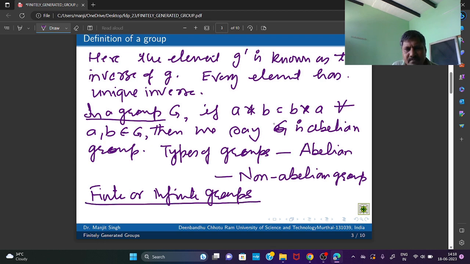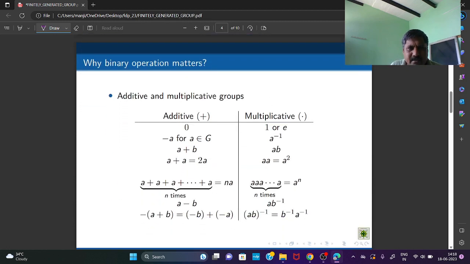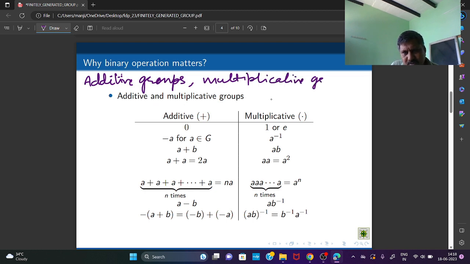It should be noticed that we consider two types of groups here: additive groups, meaning a group with respect to the addition binary operation, which may be addition of numbers, matrices, functions or vectors, and multiplicative groups, such as multiplication of matrices, rational numbers or natural numbers. So usual addition, usual multiplication.